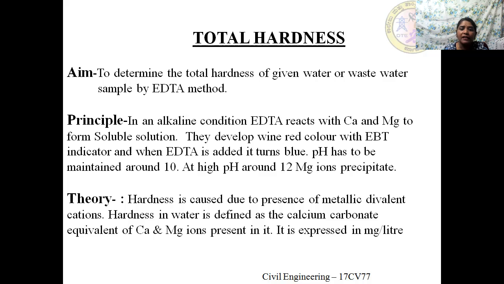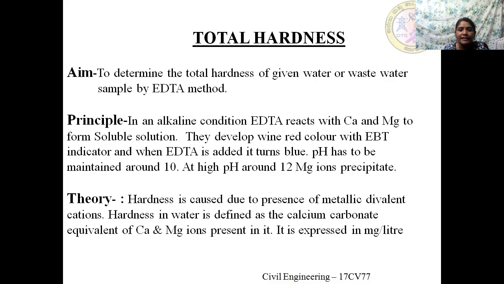These calcium and magnesium ions develop a wine red color when the indicator is added, and the indicator is EBT, Eriochrome Black T, under such alkaline conditions. Alkaline condition means we have to maintain a pH of around 10 or more.